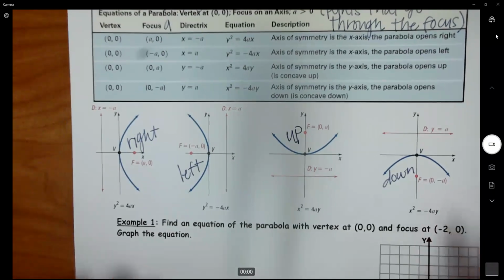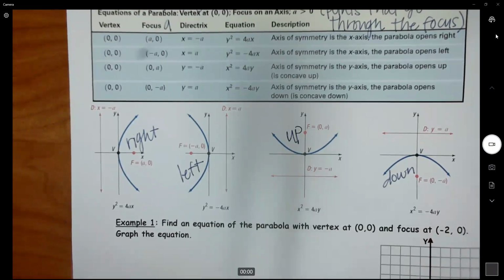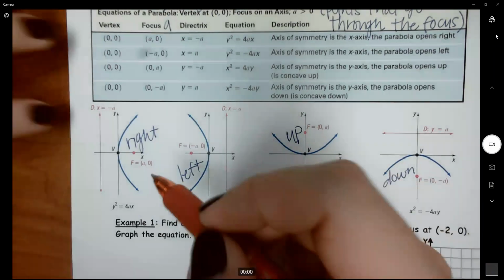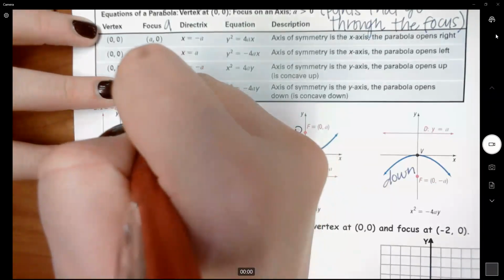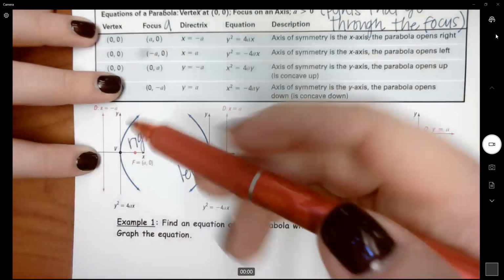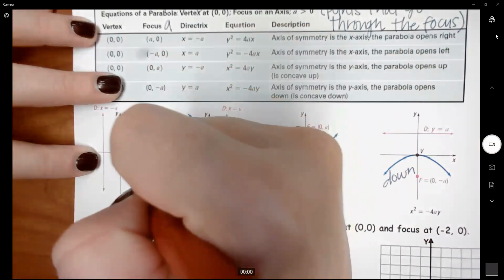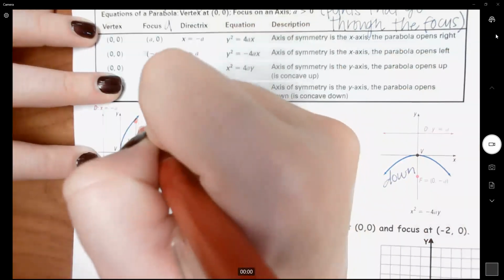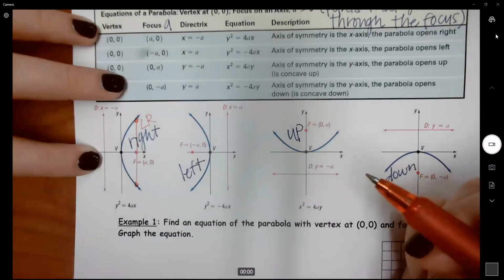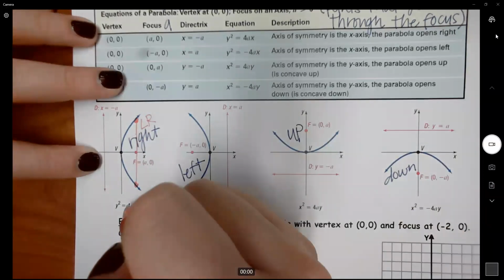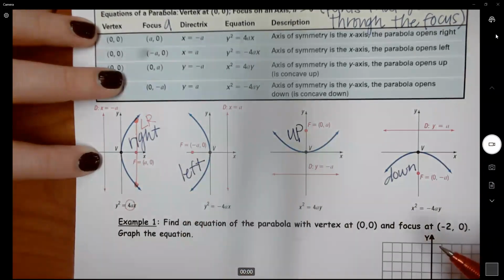So if I look at this first one here, going through this focus, this right here would be my latus rectum. And that latus rectum equals whatever that 4a portion is. That tells you the length of it.